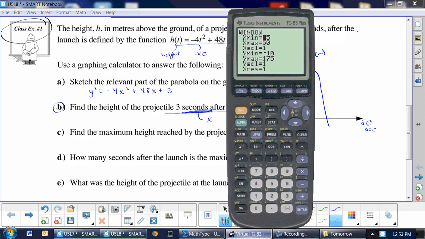On our calculator, we can go second trace value, x is equal to 3. So we can see, when x is equal to 3, that means 3 seconds. So the height is 111 meters.